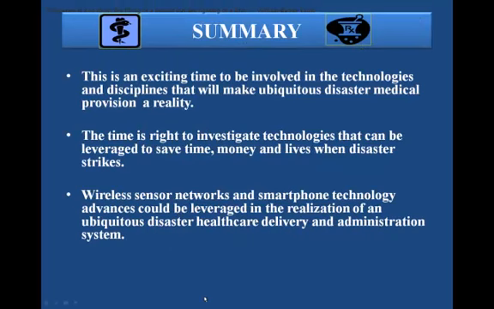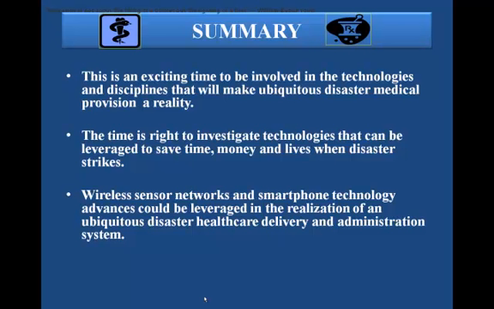In summary, ubiquitous medical delivery will be a part of our future. This is an exciting time to be involved in the technologies and disciplines that will make it a reality. We are hearing and reading about the climate changes worldwide, which may result in the increase in natural disasters. This is the time to start investigating technologies that can be leveraged to save time, money, and lives when disaster strikes.